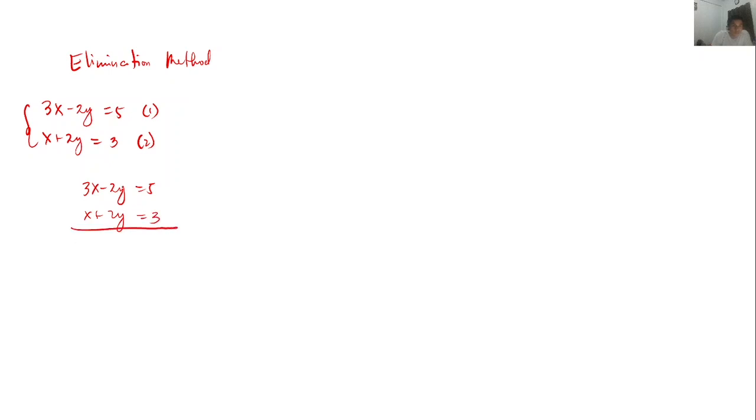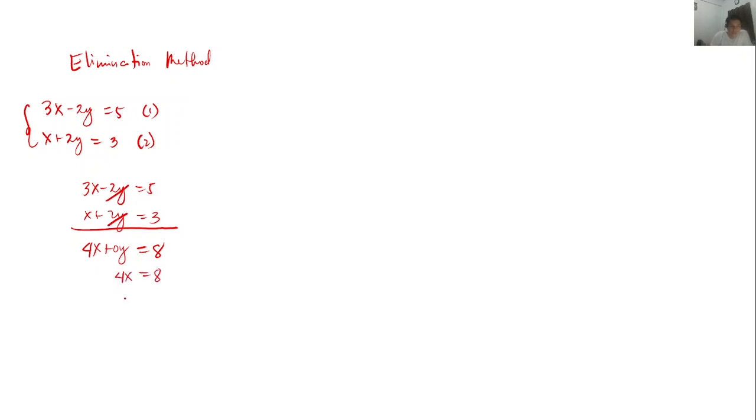Because negative 2y and positive 2y are opposites, we will simply eliminate these variables. We have 4x plus 0y equals 8. Since this is 0y, the equation is 4x equals 8.